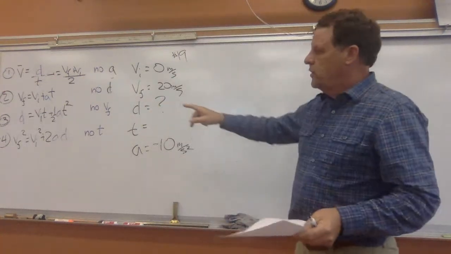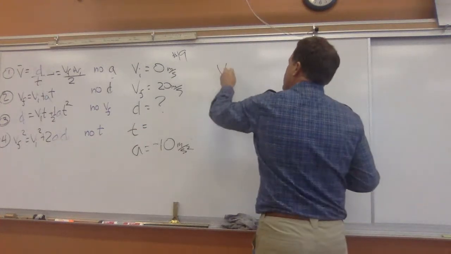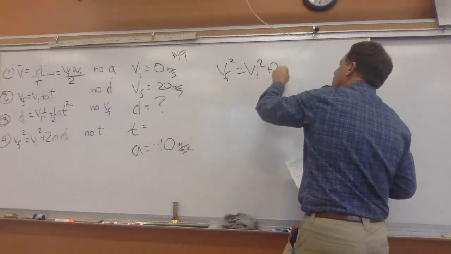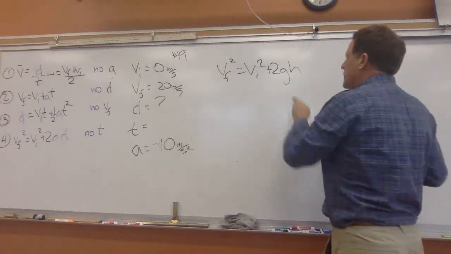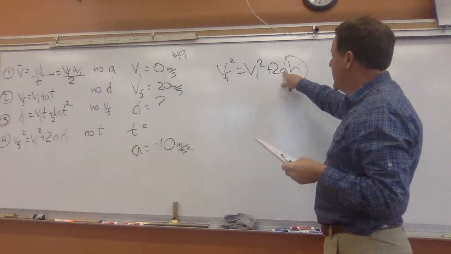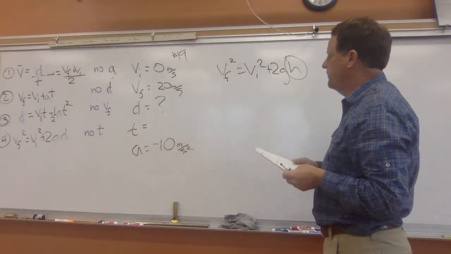They do not give us time, so we're going to end up using equation number 4. V final squared is equal to V initial squared plus 2GH. Except we are looking for H or D, okay? So again, it doesn't matter. You can put AD or GH, but this is what we're looking for.